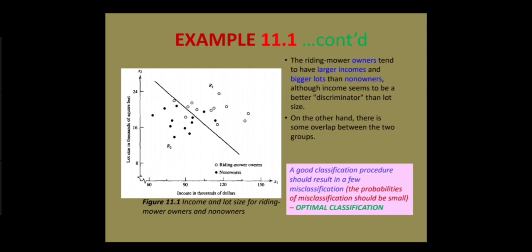If you can see here on the x1 axis, most of the clear dots tend to be on the right side, which is larger income.